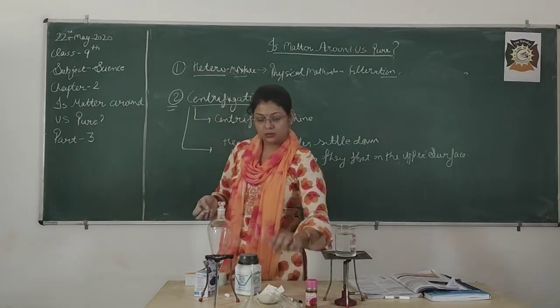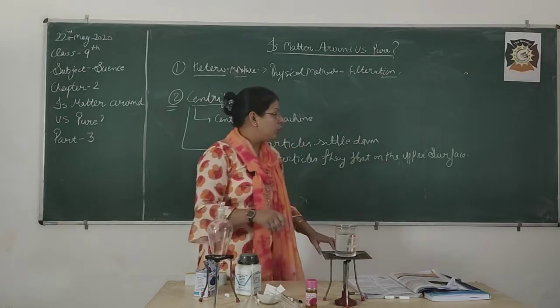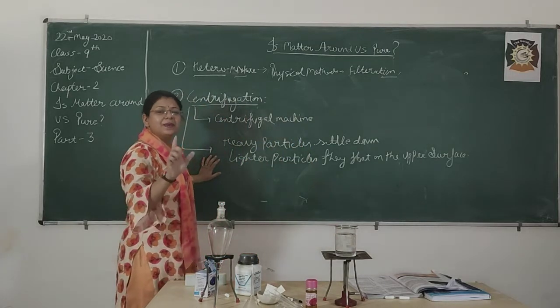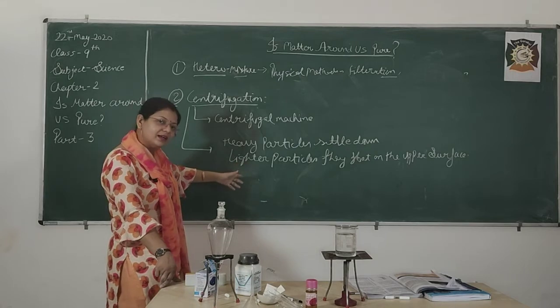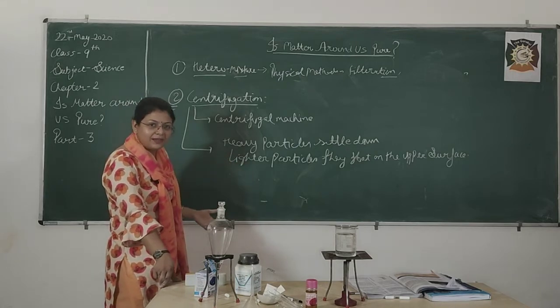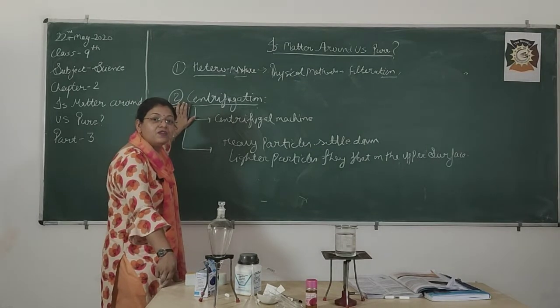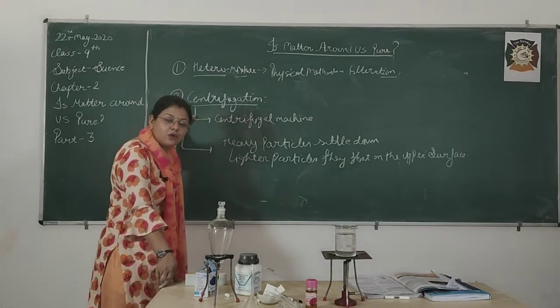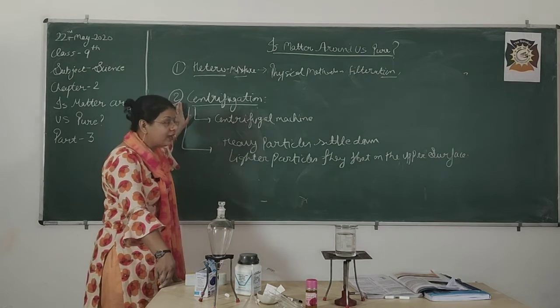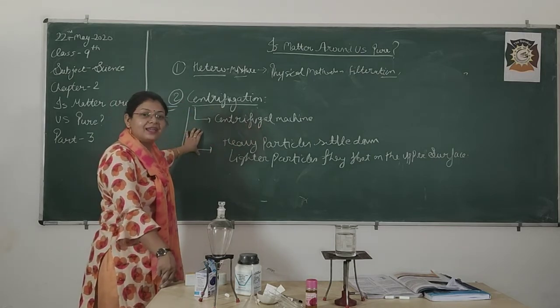So this is the centrifugation technique. The main basic principle is that heavier particles settle down faster as compared to lighter particles. On this basis, we use this method. The separation of butter from milk is another example. Your blood and urine test is another example.